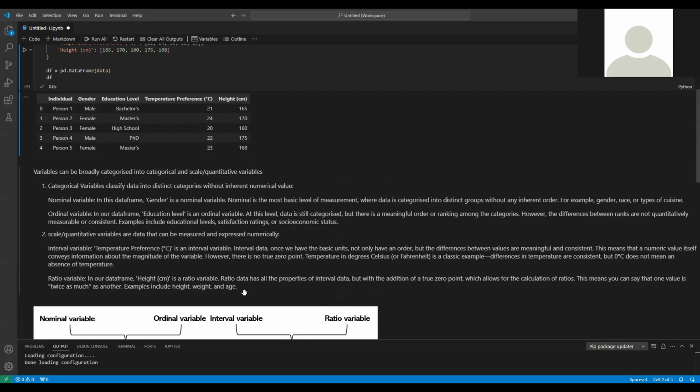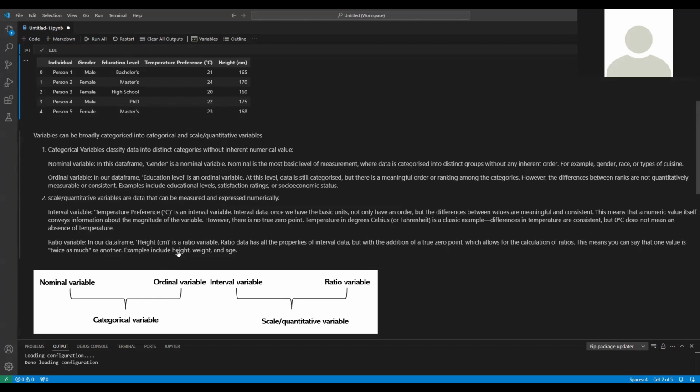So you could say that for ratio variables, zero has a natural meaning referring to absence. It's slightly controversial using examples like height, weight, or age, but you see what I mean. So the difference between interval and ratio variables is that for interval variables, zero does not mean absence or nothing, whereas for ratio variables, the value zero actually means absence, nothing there.